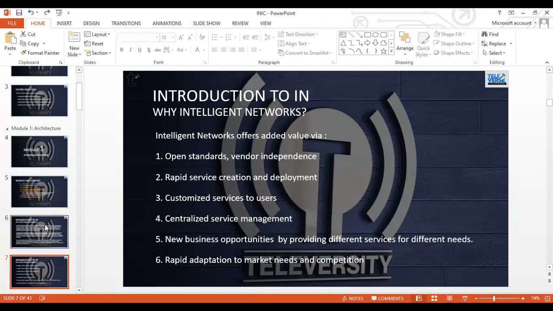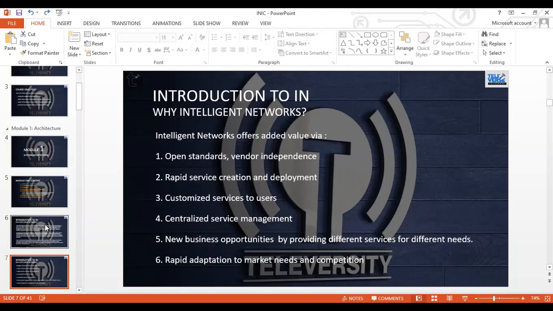Vendor independence. So prior to the mid 1960s, you realize that a network operator, let's say MTN, will now go for an Ericsson switch. Okay, the switch is hardwired.